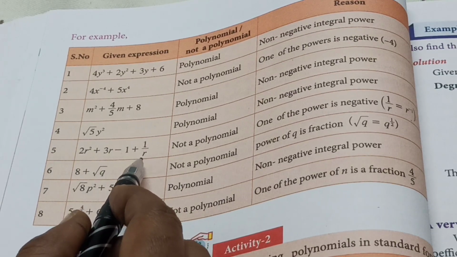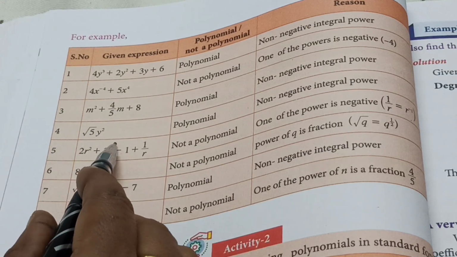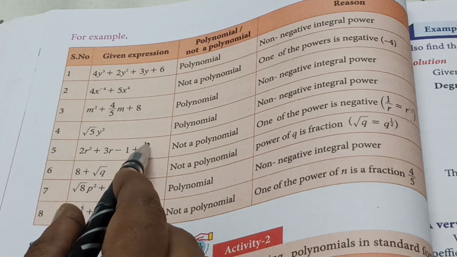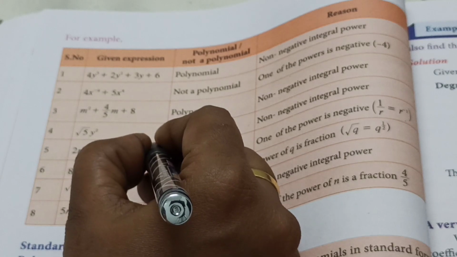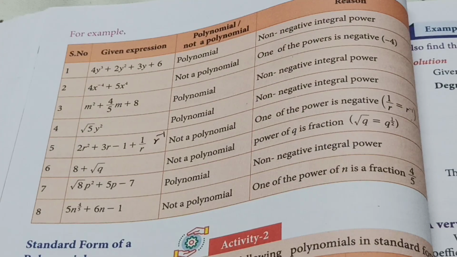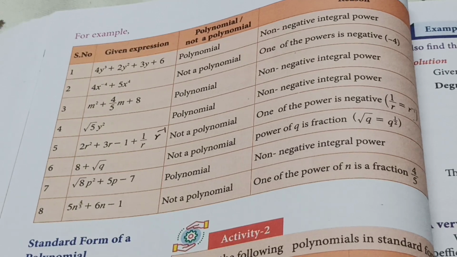Here 1 by r is given. Here r square, no problem. This is positive power. This one also positive power. Then minus 1. Here 1 by r, we can write what? R power minus 1. R power minus 1 we can write. Have you understood?